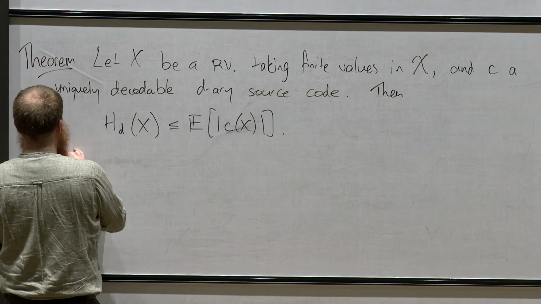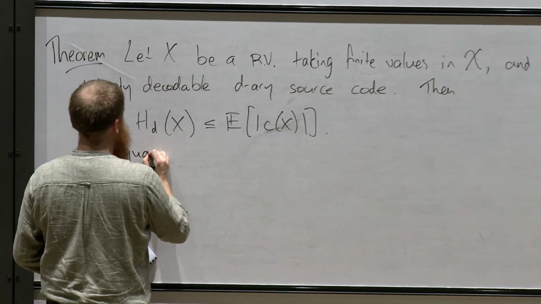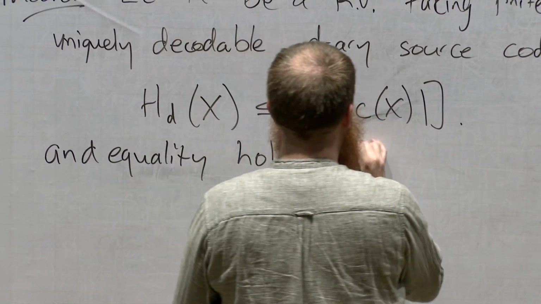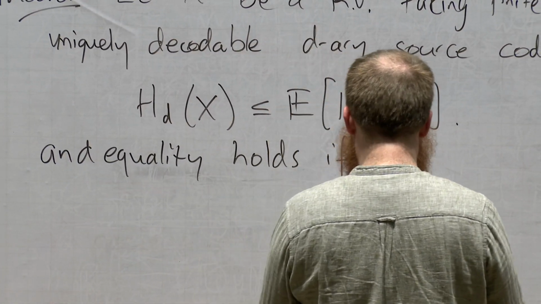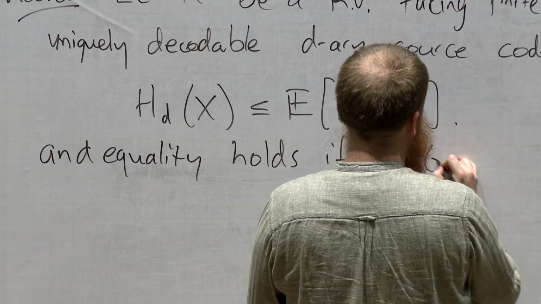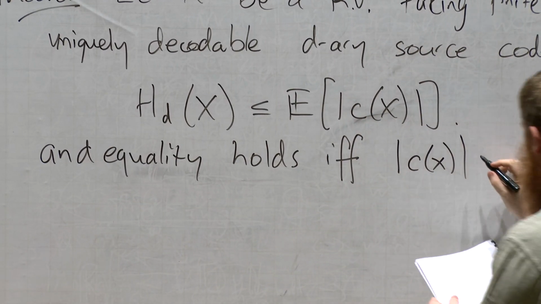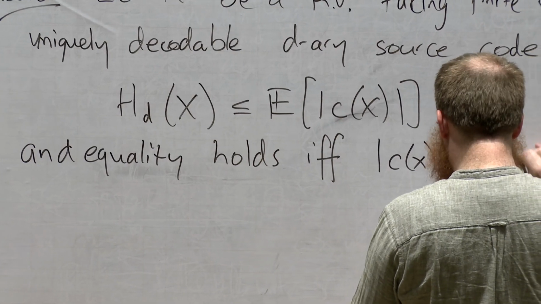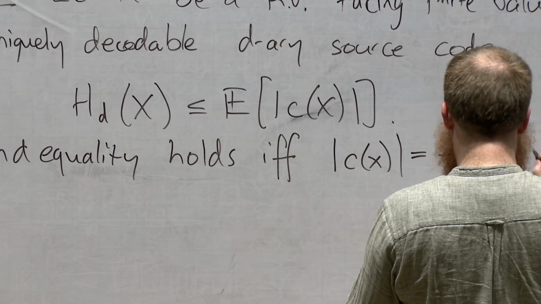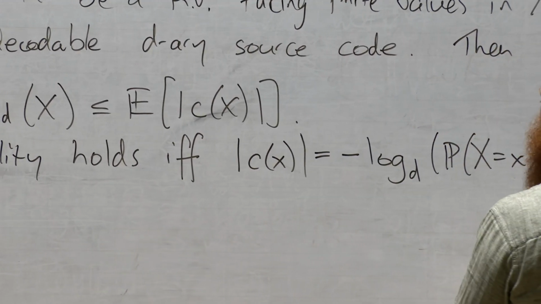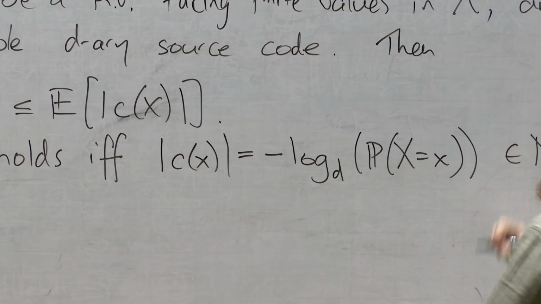Okay, and equality holds if and only if the code word associated with a value x has length exactly minus log to the base D of the probability that X equals x, and that has to be an integer.